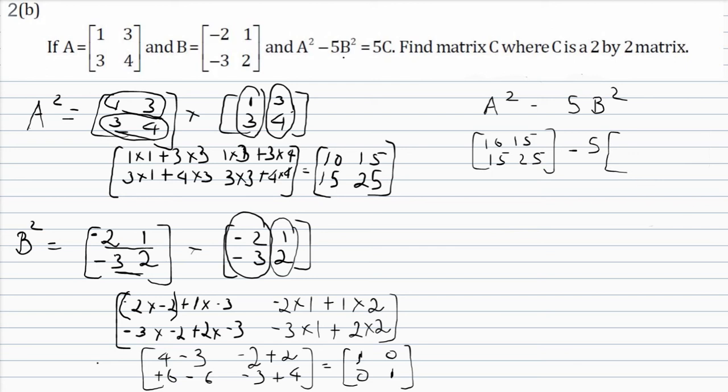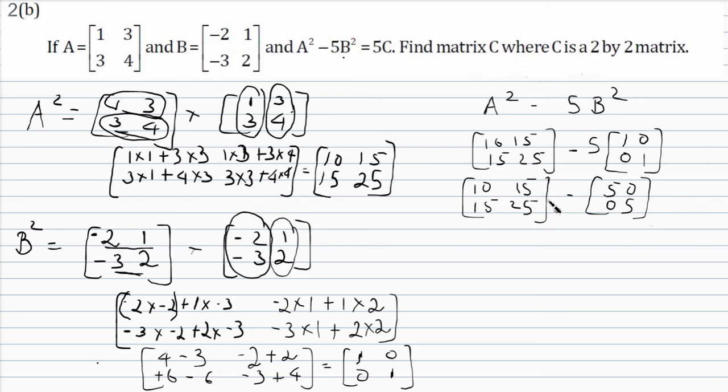B square is this matrix, it's 1, 0, 0, 1. Now we multiply this with 5, so that will result in nothing but 5, 0, 0, 5. So we just copy the same value out here, 10, 15, 15, 25.